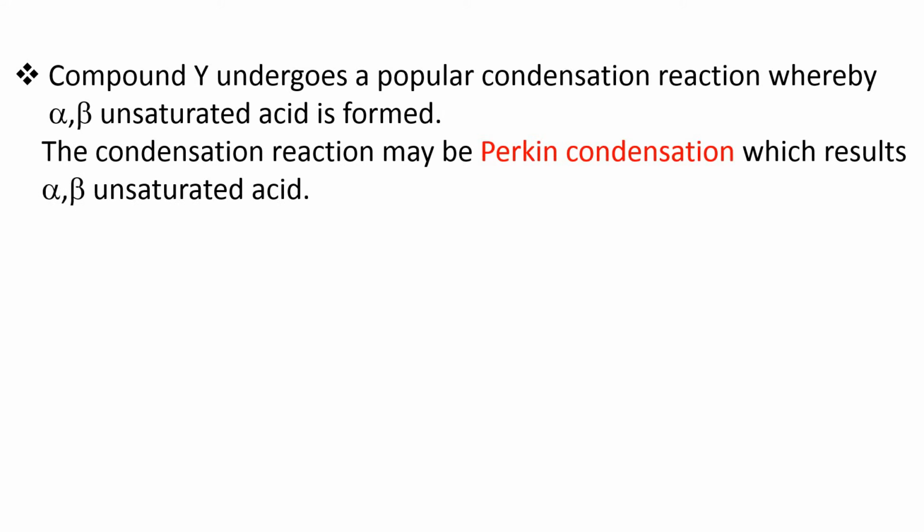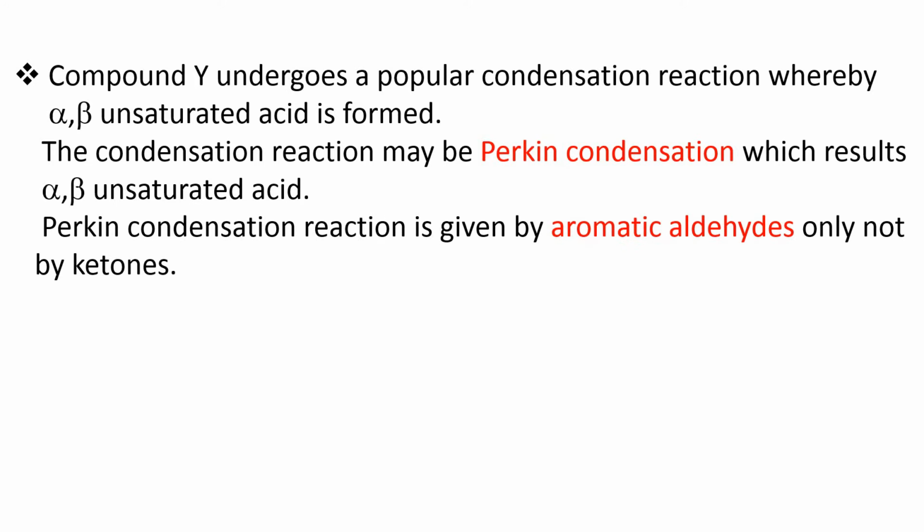Now, this condensation reaction may be Perkin condensation reaction because through Perkin condensation reaction, alpha-beta unsaturated aromatic acids are formed. Now, Perkin condensation reaction is given by only aromatic aldehydes but not by ketones. We'll tell the reason soon.